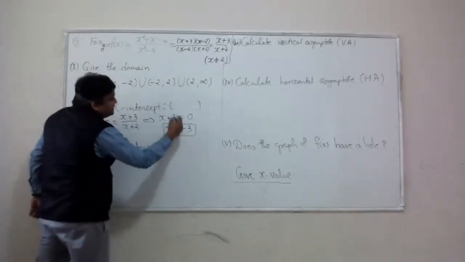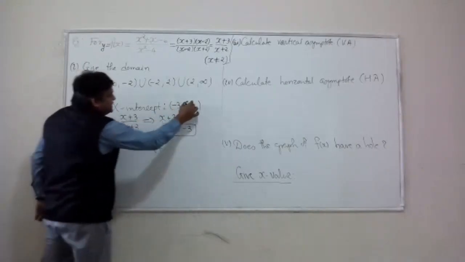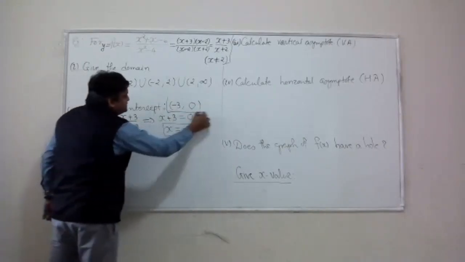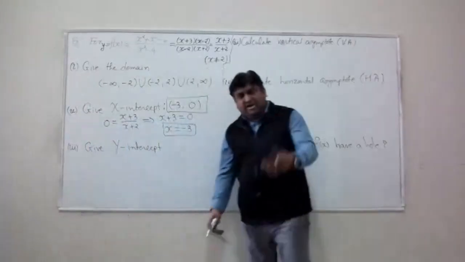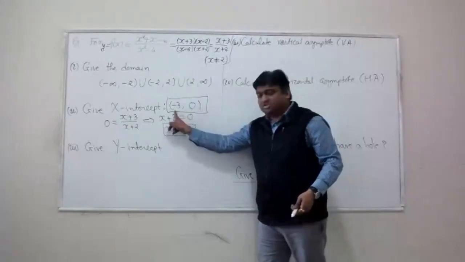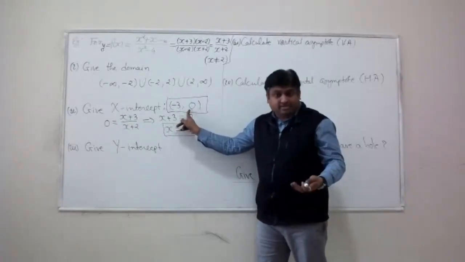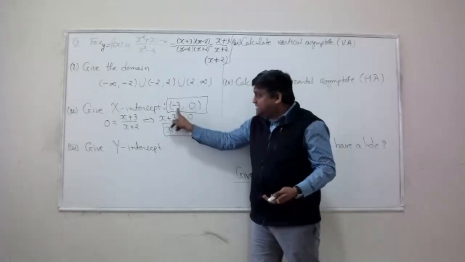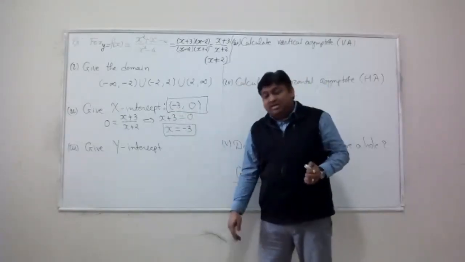Well, the x-intercept is the point where the x value is -3 and the y value is 0. So this is your x-intercept. Remember, if you don't write your answer in x, y format for the intercept, you will lose some points. So the x-intercept is a point of the form (x, y).